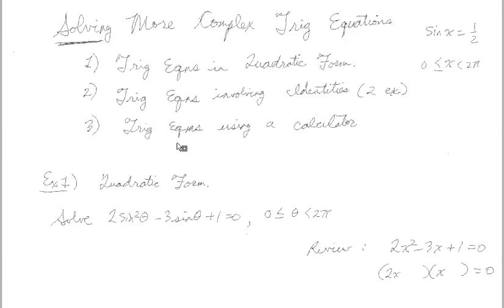And then the third type is solving trig equations that are so complex that you can't solve them algebraically. So you'd have to use a calculator, and you would do this by graphing. If you had access to your calculator, you would probably need to solve this type of question by graphing, and we'll look at an example like that.